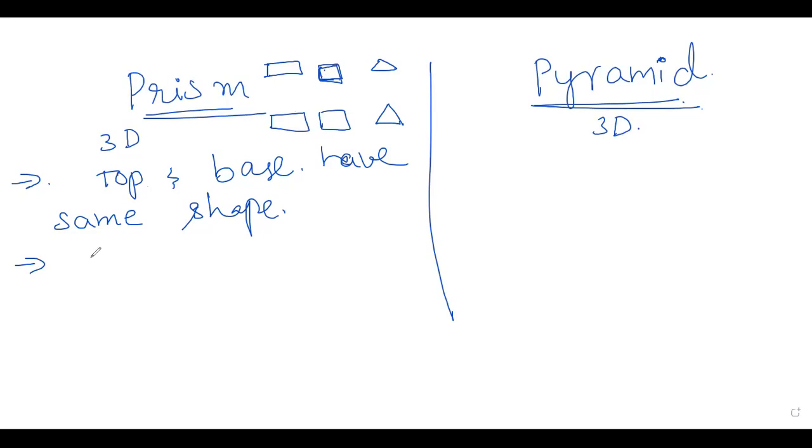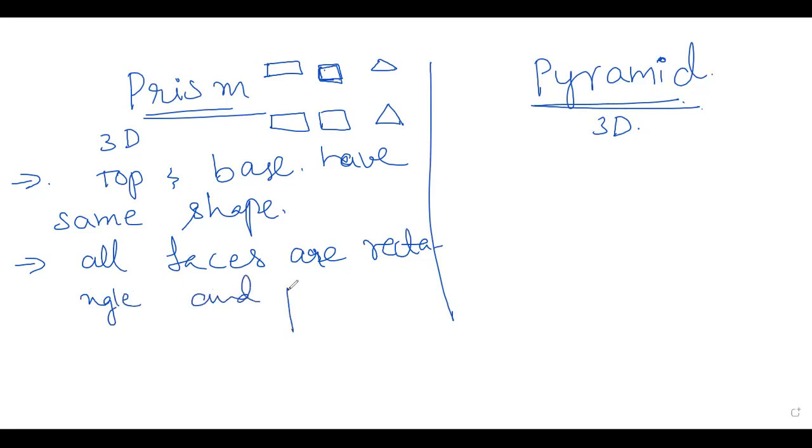And sides, or all faces, are rectangles and parallel to each other. See, the side faces are all rectangles. Okay. Rectangle and parallel to each other.